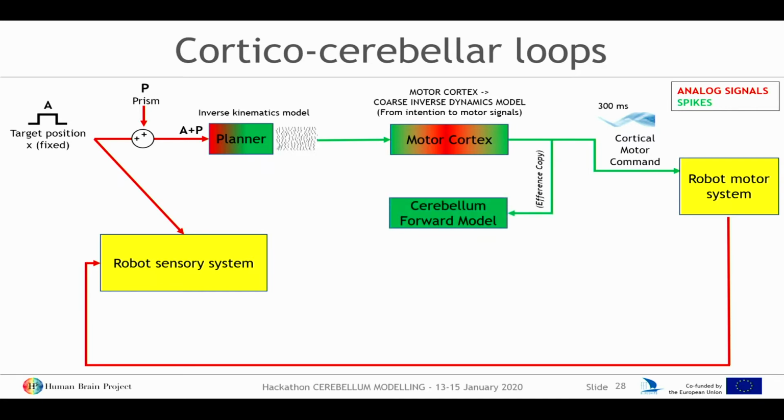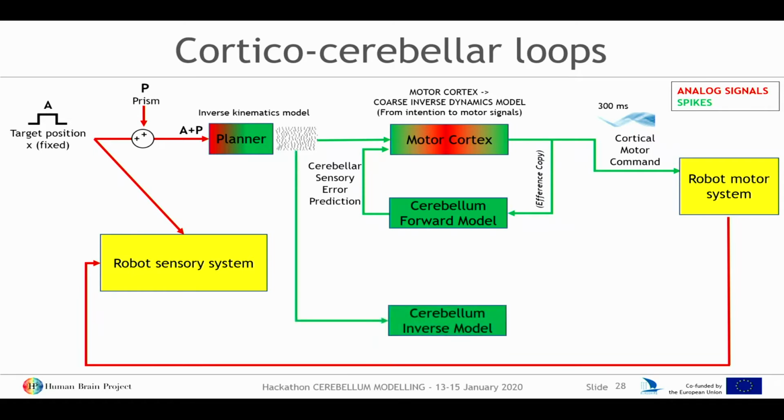So we have this first module of the cerebellum, the forward model, which receives the reference copy from the motor cortex, and it generates a prediction of the error that we are going to commit. And then the inverse model, which receives the information from the planner, so the intention, and it generates the motor correction for the robot motor system.